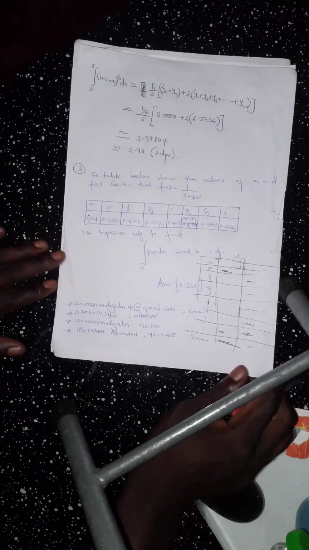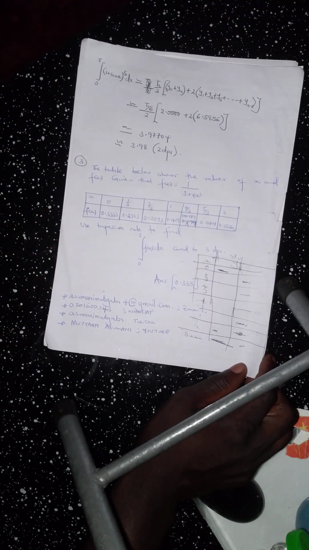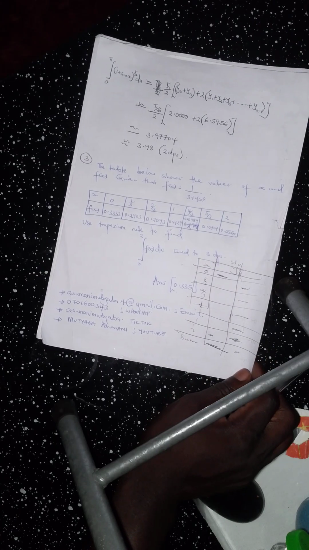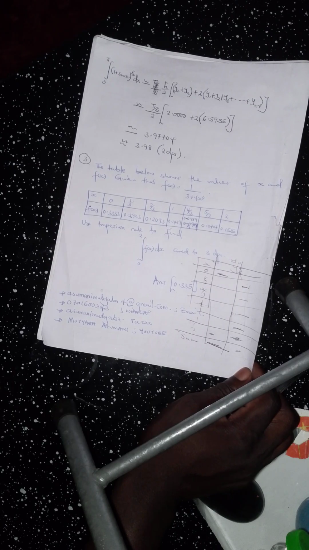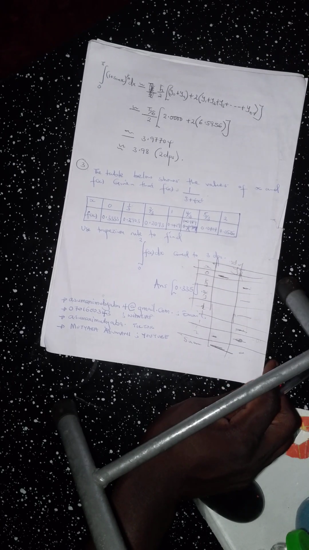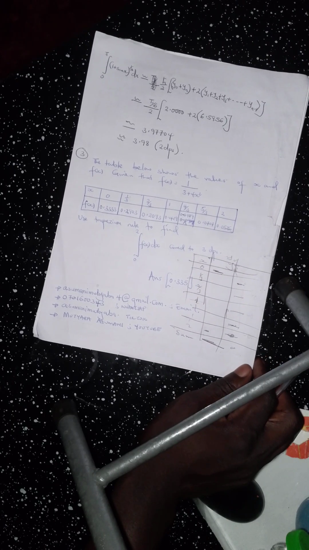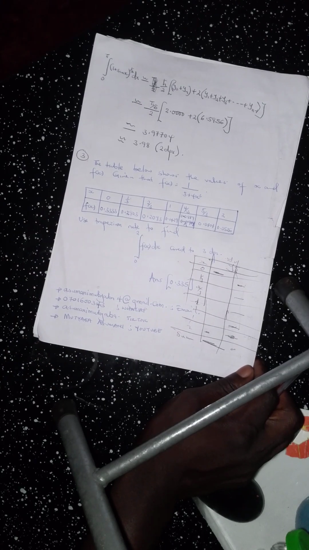So they will either say using a class width. If that happens, we said we do not recalculate the h. It means we use the h which is quoted, and then we generate the x values.